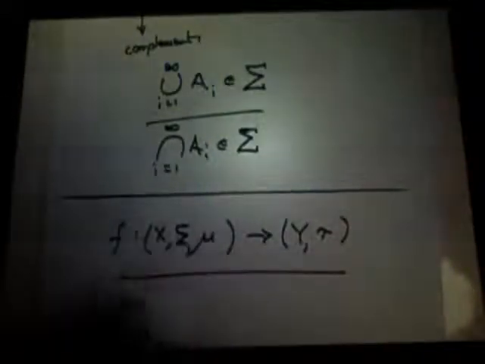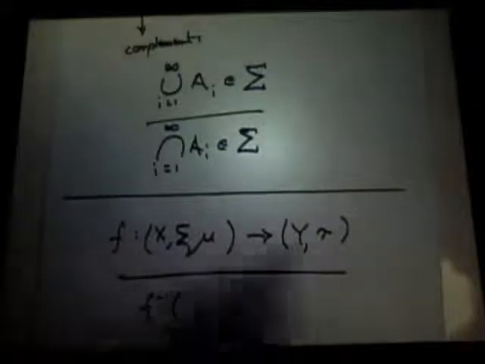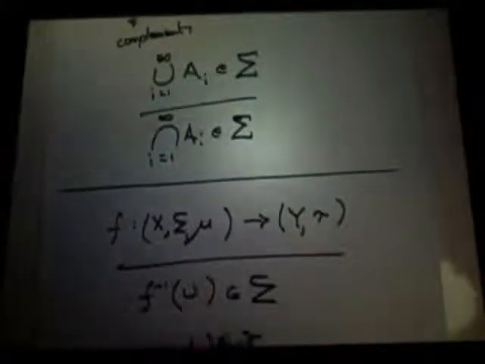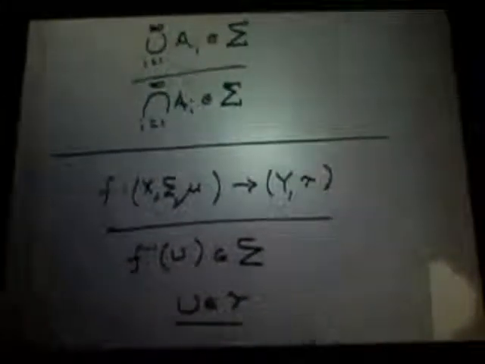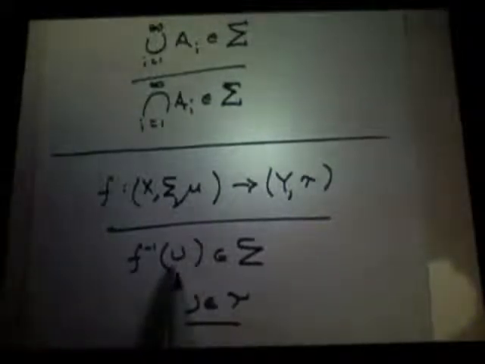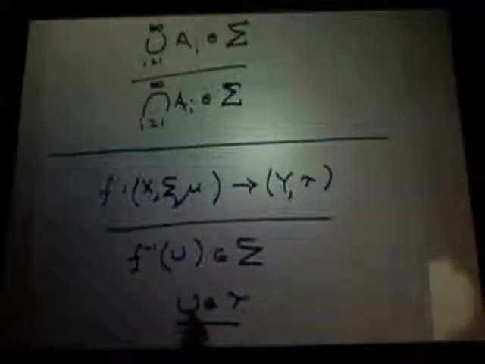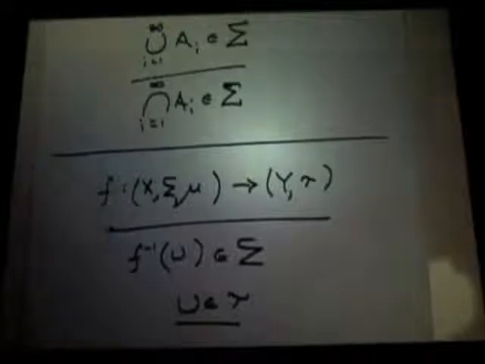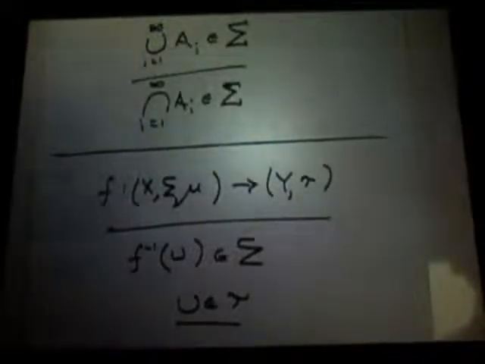So if U is in the topology, it's an open set. You take its pre-image, everything in the measure space that was mapped into U, and you look and see, is that in the sigma algebra or not? And a measurable function has that property always. That's the definition of measurable function.